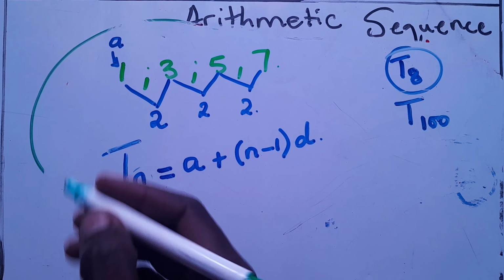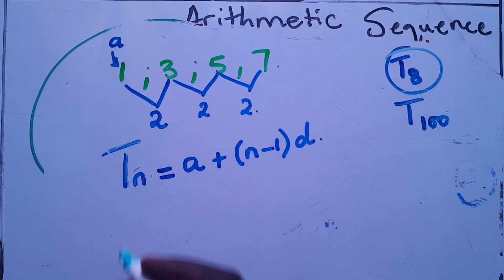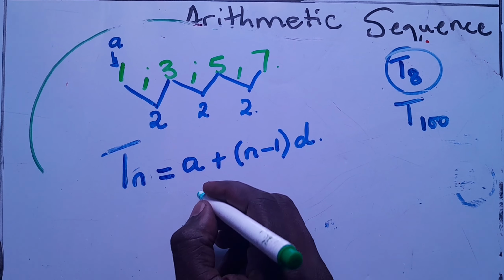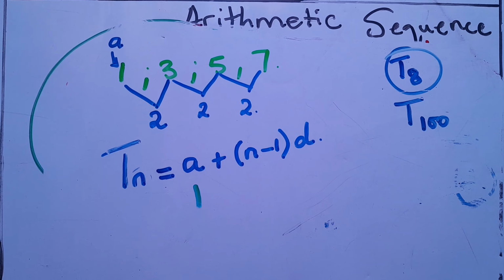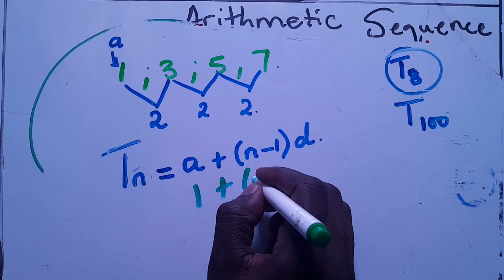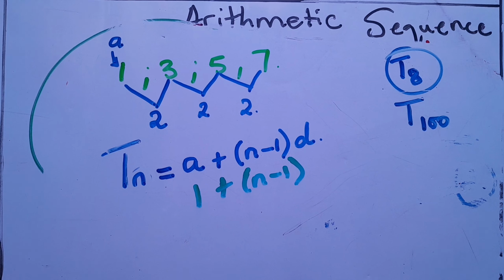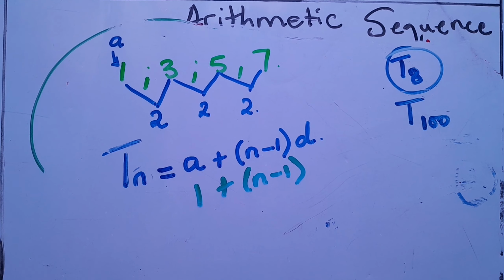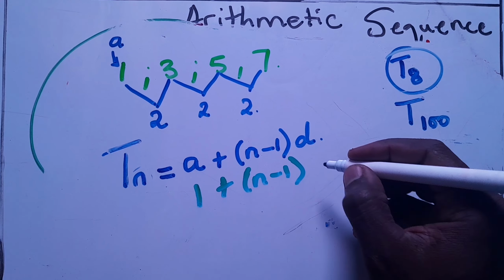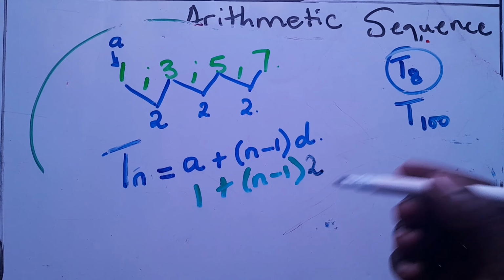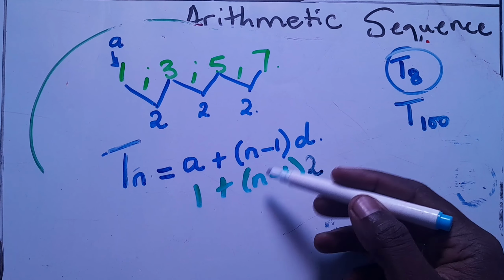So what is the value of a according to this sequence? The value of a is 1, right? Plus n minus 1. We don't have the value of n yet, so we are just calculating generally. If a question arises to calculate the value of term number 50, it means that on n we can substitute 50, right? Now what is our difference? Our difference is 2. So this 2 is multiplying everything inside.